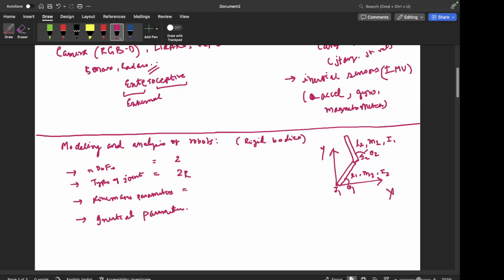Now kinematic parameters are basically anything related to dimensions, like lengths, widths, and heights of each of the links, and the allowed range of motion. So all these are kinematic parameters. It's like the length of the links, L1, L2, and if I specify a certain range of motion, it may be theta 1 min, theta 1 max, and then theta 2 min and theta 2 max. Robots usually have constraints on how much they can move their joints.